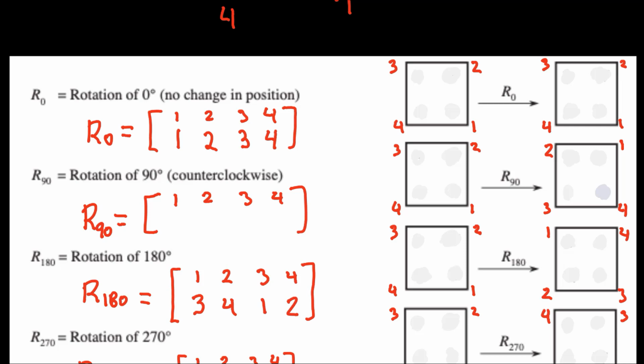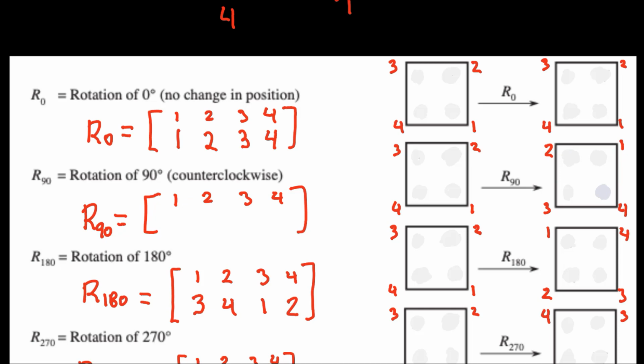Now, let me do this rotation of 90 degrees, which is counterclockwise. So we have the square here, and we're going to rotate counterclockwise, in this direction. If you rotate 90 degrees counterclockwise, then the square is going to look like this after the rotation.